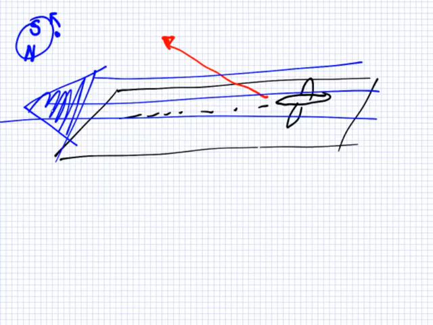Notice, please, that we don't care about this component, because this movement is in the direction of the magnetic field. It only matters the movement that takes place perpendicular to the magnetic field. So any movement perpendicular will have a current.